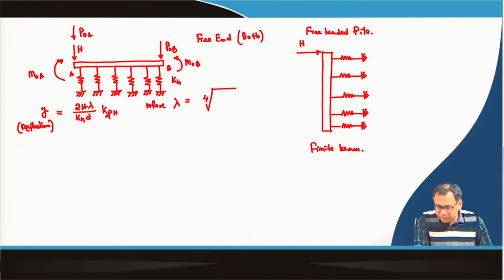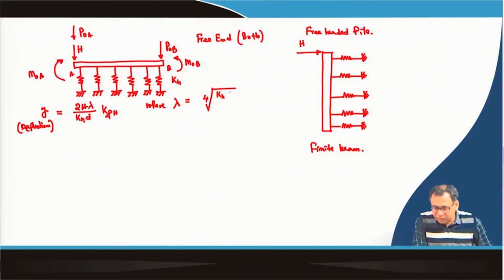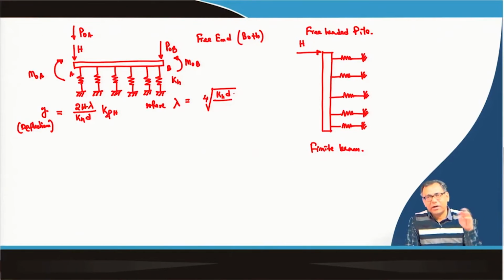the fourth root of k h, because in the beam case that was the fourth root of k divided by 4 E I. In that case E I is in kilonewton per meter and k is in kilonewton per meter square. But here I am writing k h, which is kilonewton per meter cube, so we have to multiply with d. In the shallow foundation case it was multiplied with the width of the beam, here the diameter of the pile is multiplied.